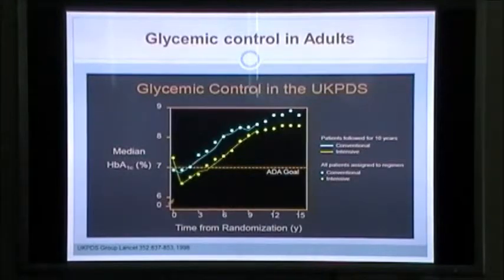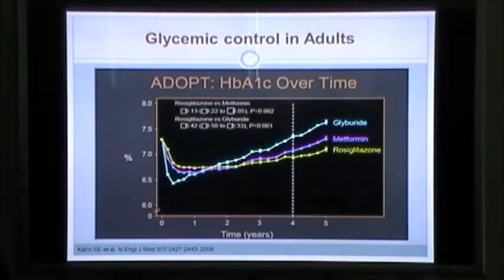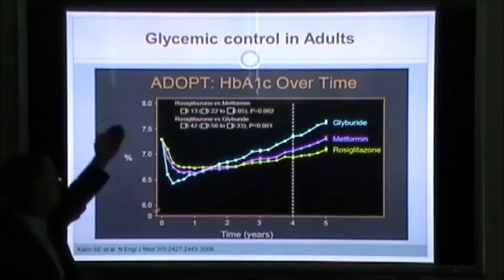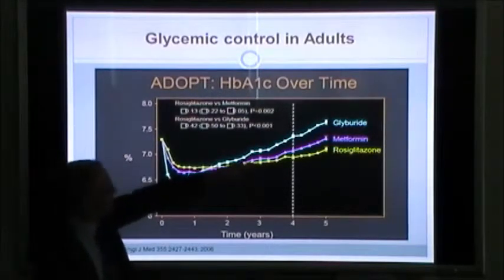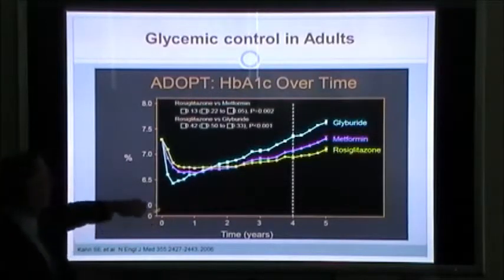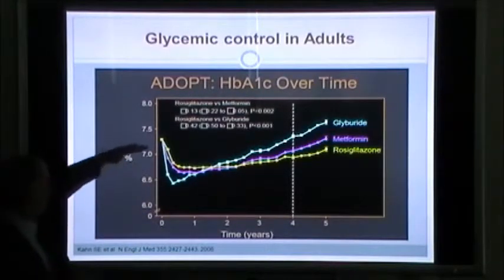So what appears to be the case is that we're seeing much more rapid loss of glycemic control in kids than is seen in adults. This is another study called ADOPT, looking at really the same comparison, metformin plus rosiglitazone. We'll talk about glimeperide in a second.